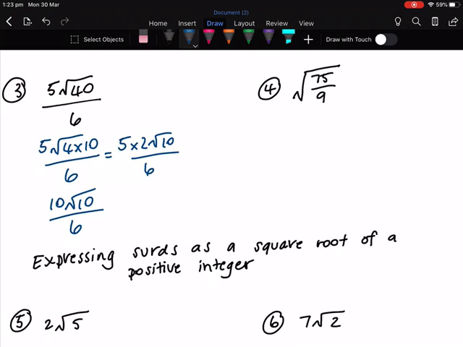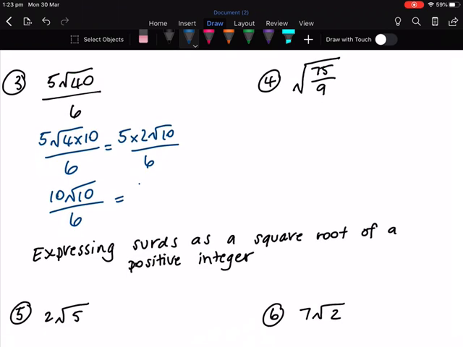Now we've got whole numbers here, so we can simplify. I can just go, well, what goes into both 10 and 6? Well, 2 does. So I can divide top and bottom by 2, and that becomes 5 times the square root of 10 over 3.